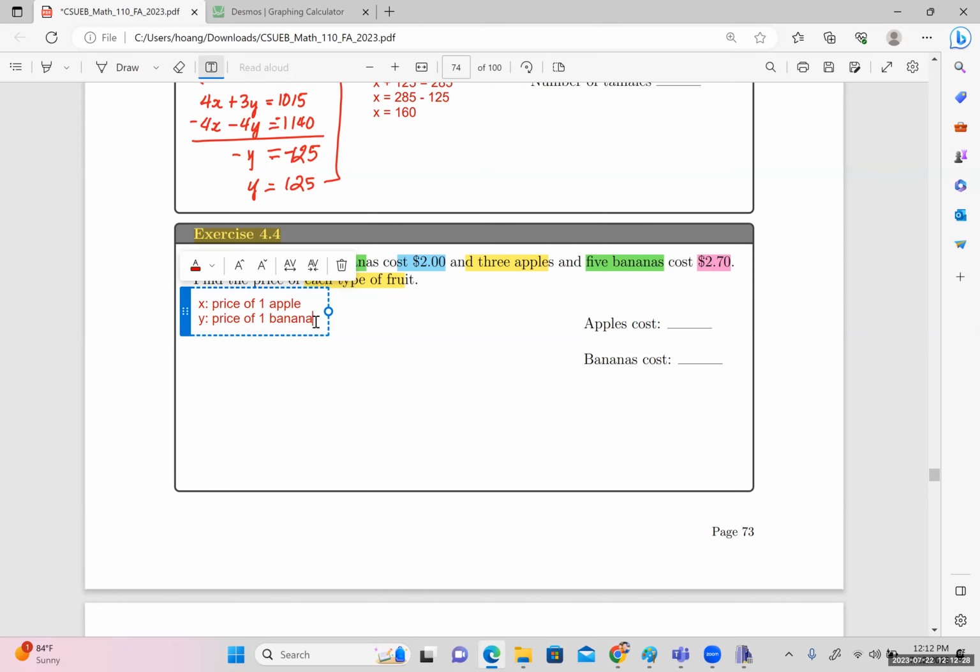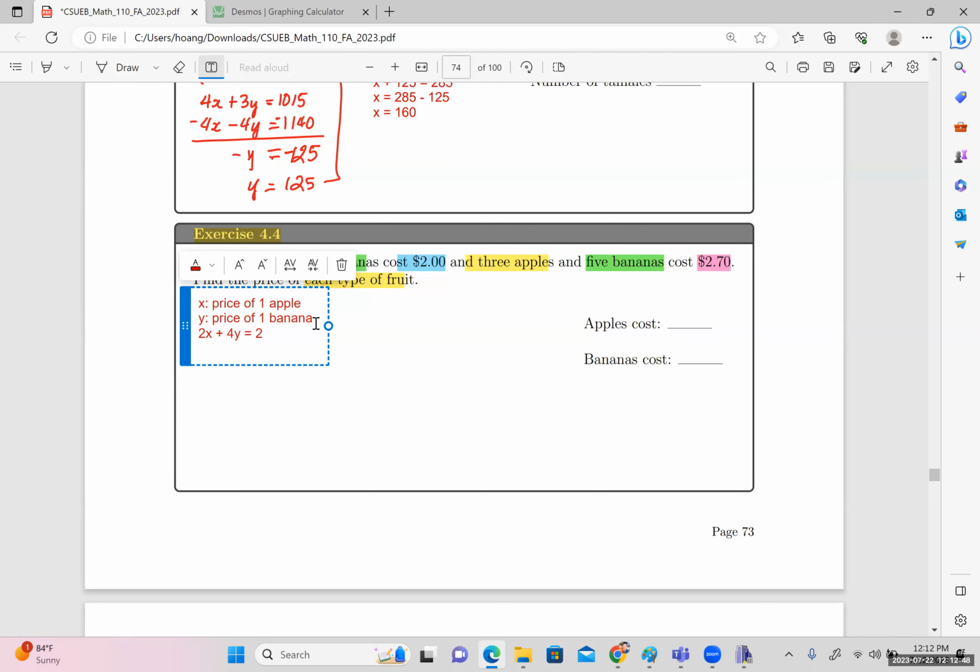As you can see, if I have 2 apples and 4 bananas, which means I have 2x plus 4y, which equals $2.